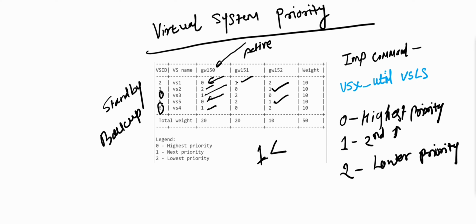The VSX cluster member assigned priority 2 is the first to switch the virtual system to the standby state in the event of failure of either active or standby virtual systems. So whenever one of the VSX gateways fails, the virtual system having priority 2 becomes standby. It does not become active, it becomes standby, and whoever has priority 1 becomes active.